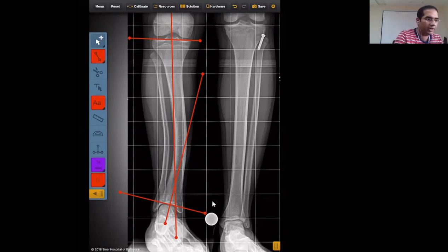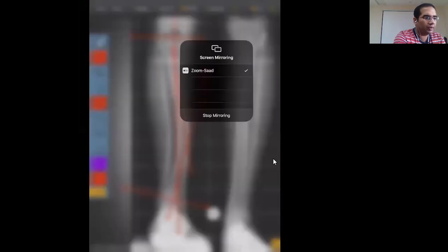So what we will do now is draw a third reference line which will transect these two lines within the bone. Can you all see it?